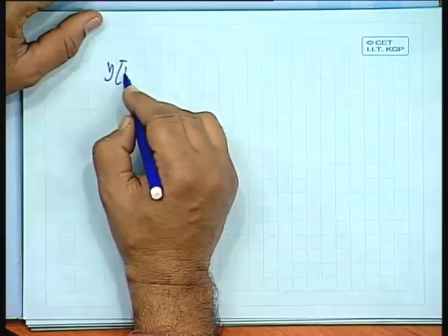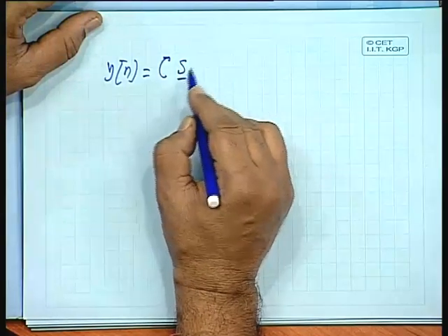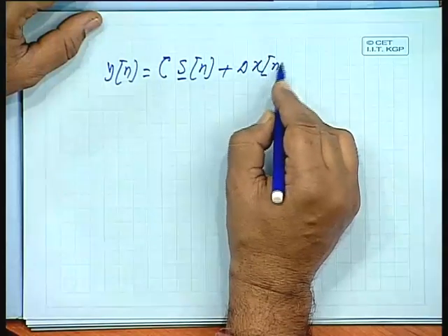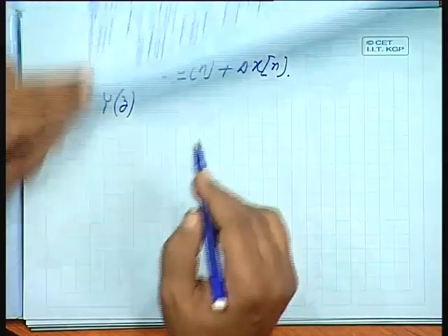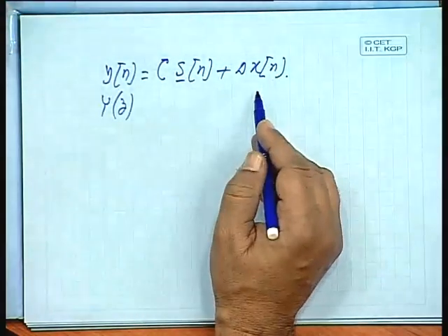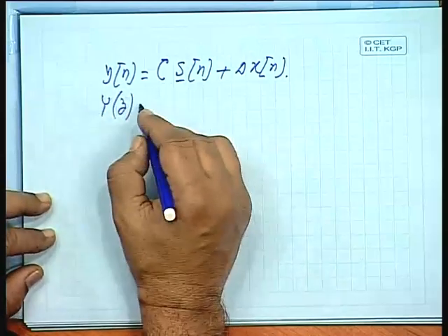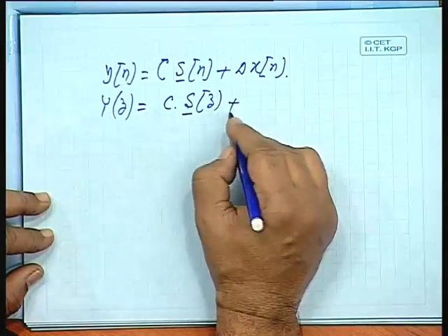And then we have Yz. What was yn? C into Sn plus D into xn. So, Yz, mind you, these are not vectors. Finally, the matrix product with S only will be the vector, others are all scalars. So, after taking the products, you will get only a scalar quantity. So, this will be C into Sz plus D into Xz.